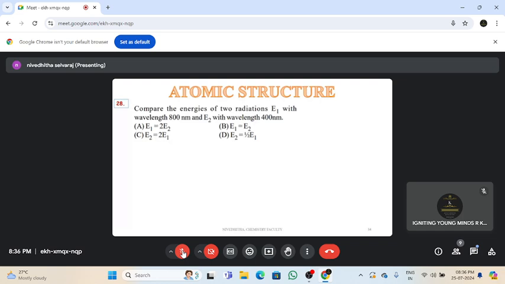So we have to find the relationship between E1 and E2.